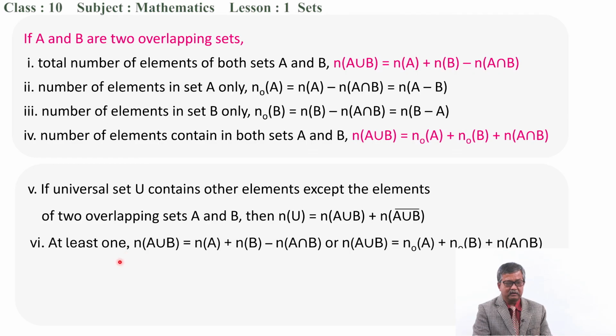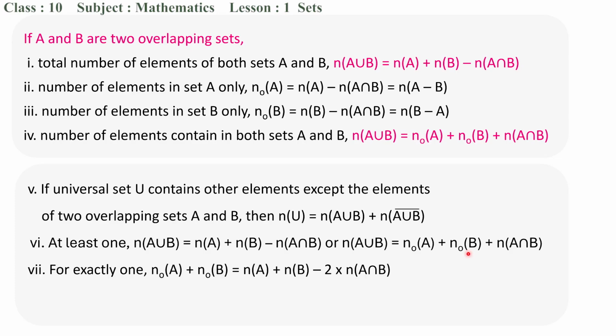For at least one, n(A union B) is equal to n(A) plus n(B) minus n(A intersection B), or n-naught A plus n-naught B plus n(A intersection B).